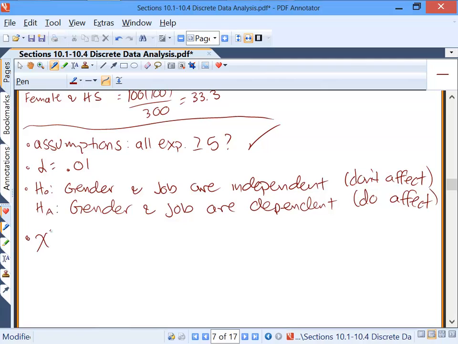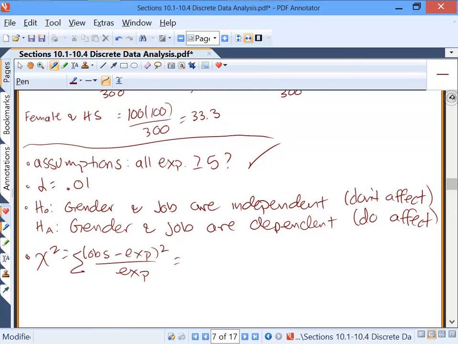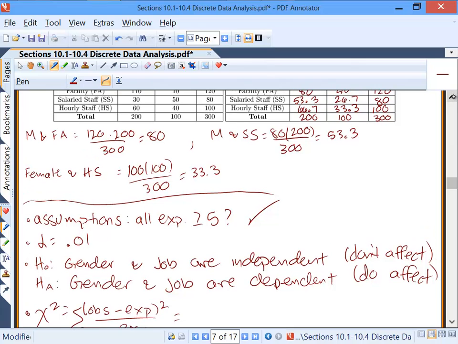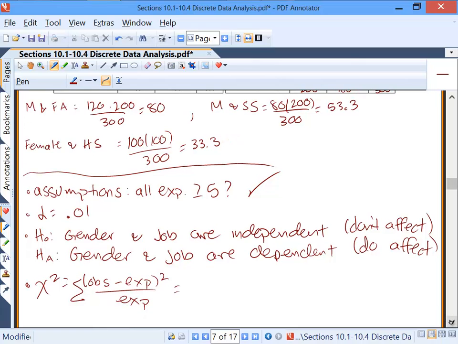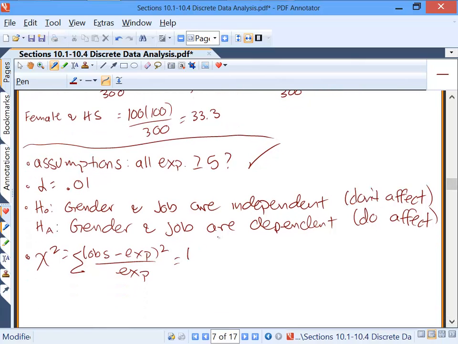Next up is my test statistic. So it's the sum of each observed minus expected squared divided by expected. It doesn't matter which order you add these cells up, of course, because addition is commutative. So I'm going to start with my observed of 110 minus the expected of 80 squared divided by 80. I'm going to go ahead and write down what this should be on your own paper. You can see if it matches mine at the end.